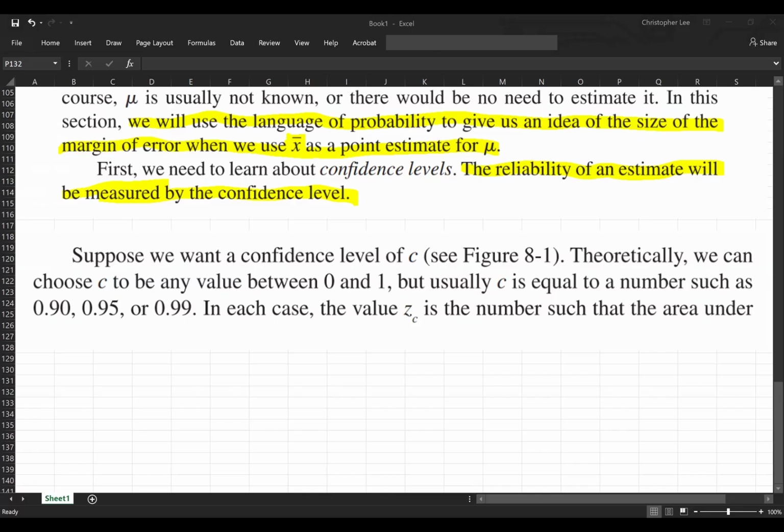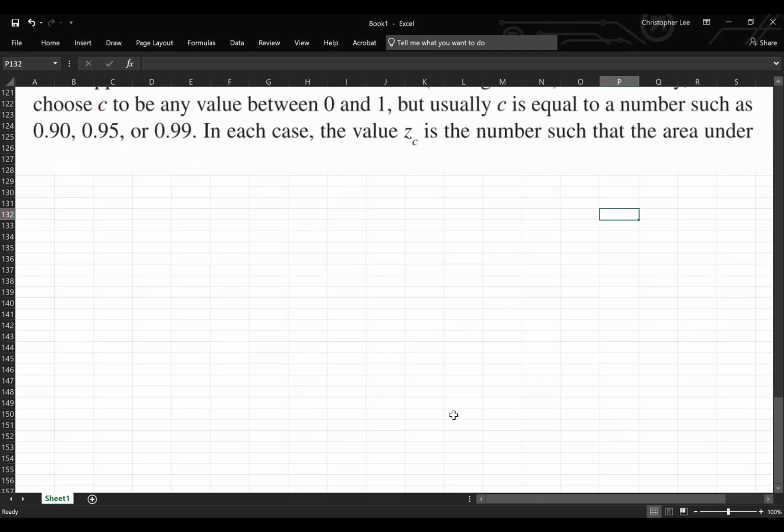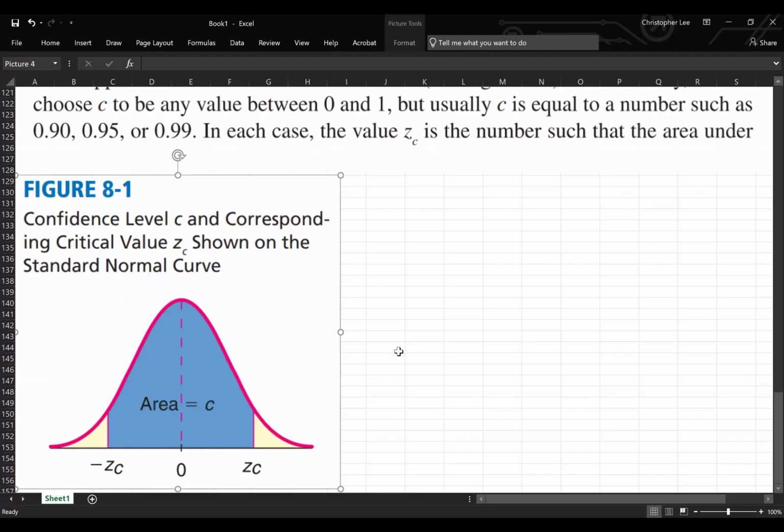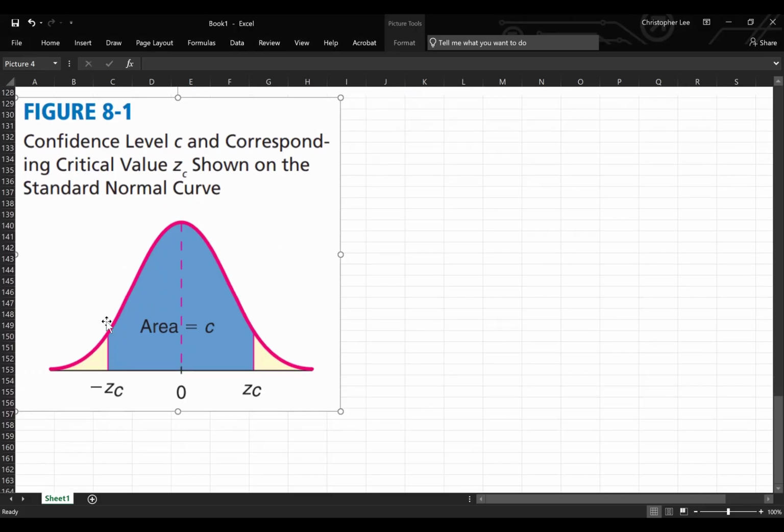So right here, this would be my z critical, and this is the critical region under the graph. This is our confidence level, our C. So confidence level is your area under the graph, and then you just find your z critical from there.